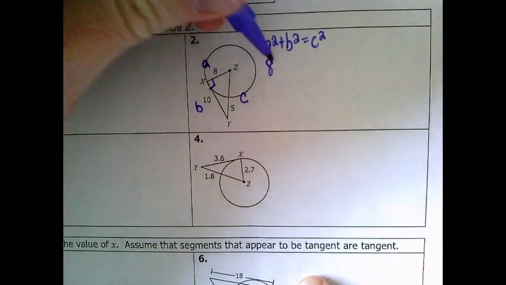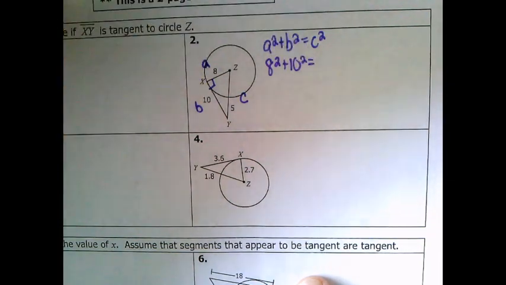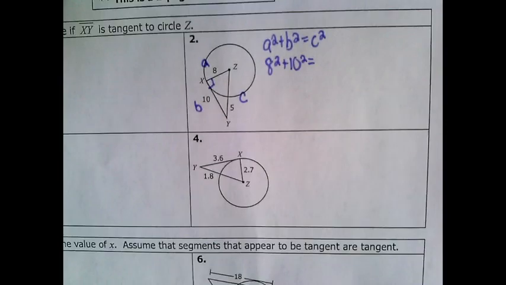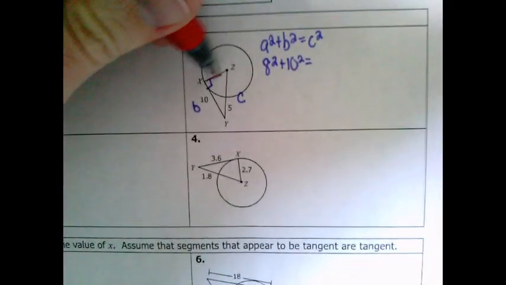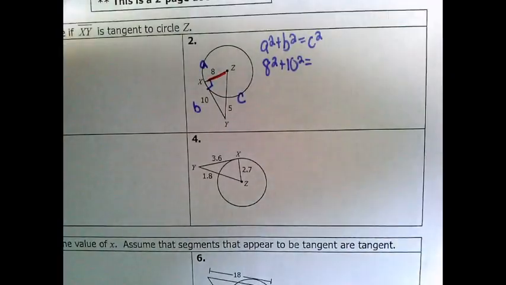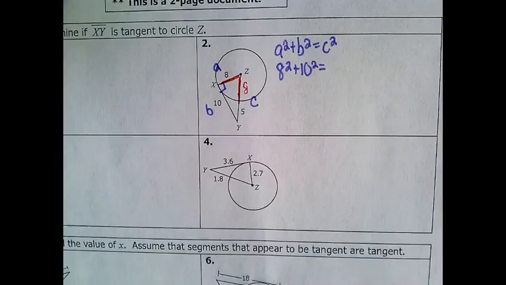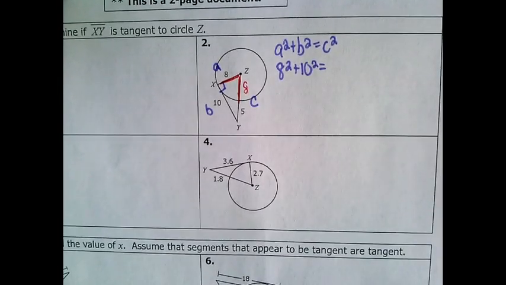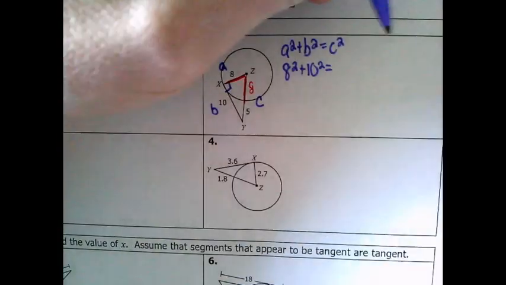So we've got 8 squared plus 10 squared equals, what's C squared? Well, let's think about it here. If this radius right here is 8, then I know this radius right here is 8. So the total length of that side would be 8 plus 5, which is 13.